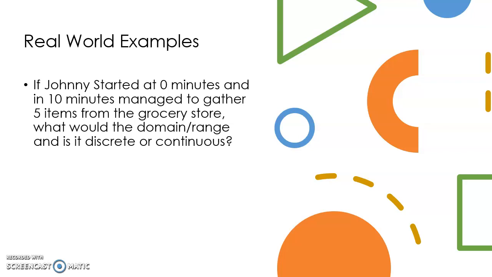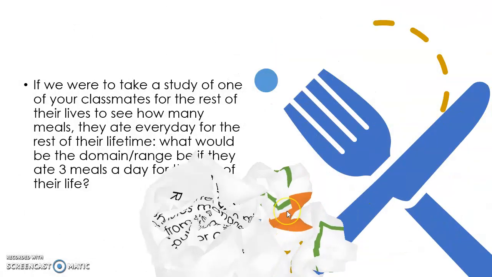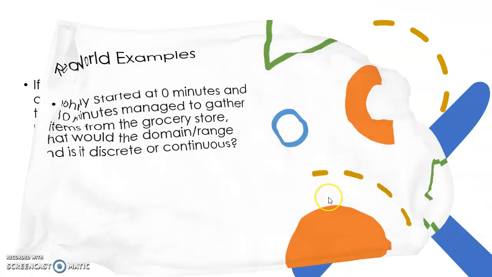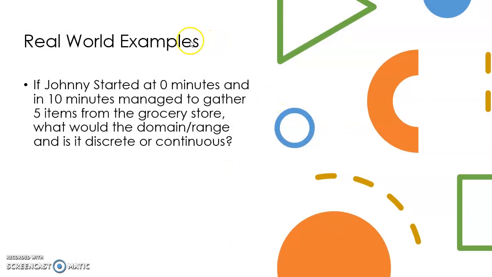Okay, so when talking about the independent variable, we always said that when time was in order, it would always be our independent variable. So starting at 0 minutes, that would be our starting domain, because this is our x-axis, and our end domain would be 10 minutes, because we don't go past that.